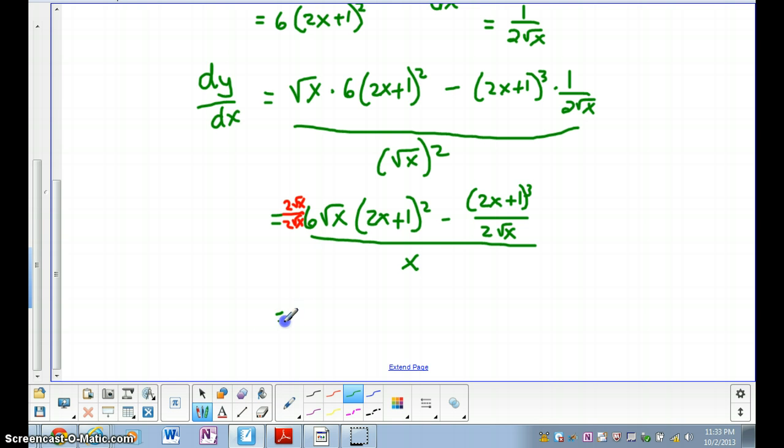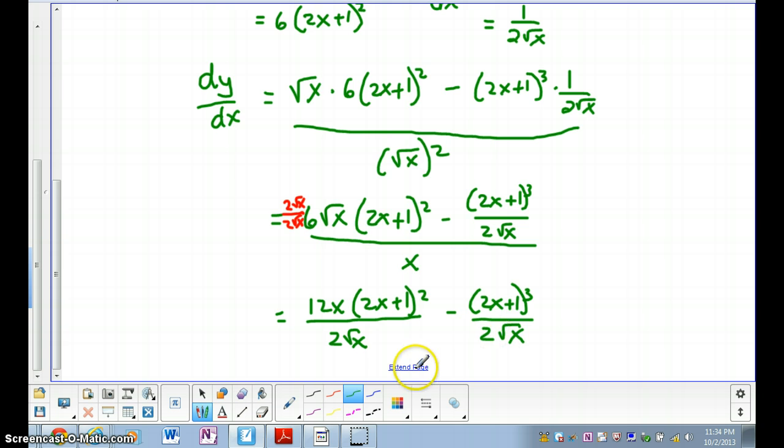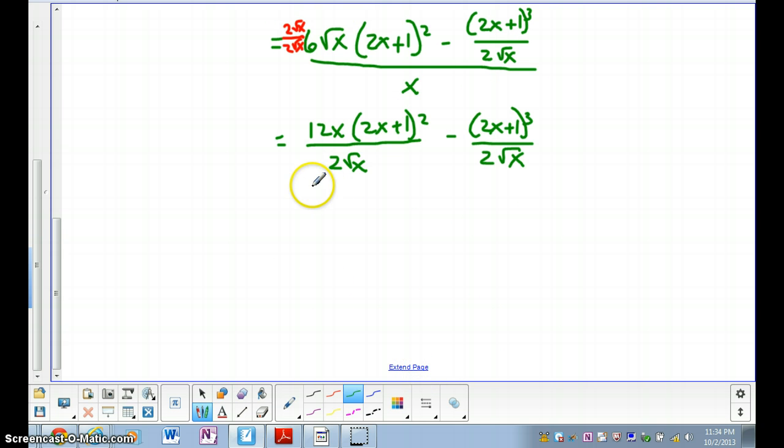So if we do that, we will have 6 times 2 would be 12, and the square root of x times square root of x would be x. For the numerator, our denominator would be that 2 square root of x. And then we're subtracting our (2x plus 1) cubed all over 2 square root of x. And this entire thing is being divided by x.